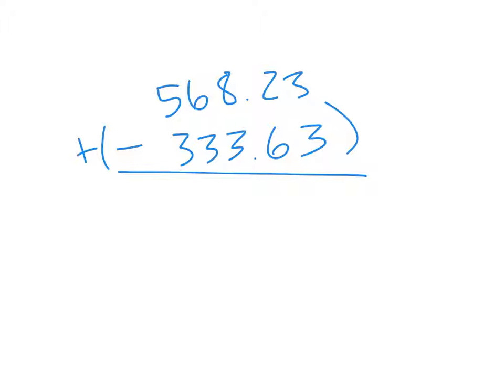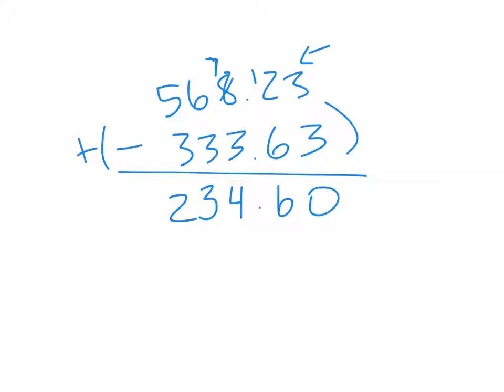So 3 minus 3 is, and then we borrow, 12 minus 6, 7 minus 3, 6 minus 3, 5 minus 3, and it's a positive number because the number on top was larger. So that's the value of all 4 stocks added together.